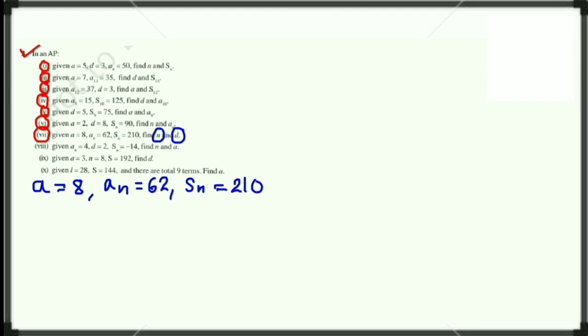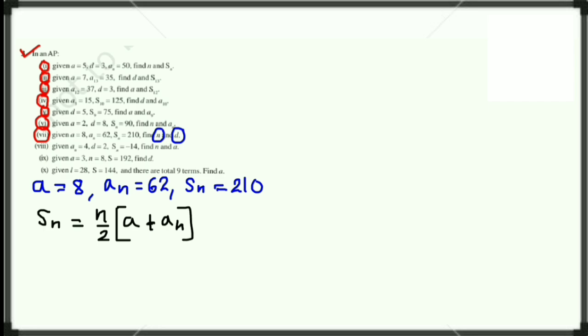And here last term of this AP has been given, so we can use this formula: Sn equal to n by 2 (a plus an).